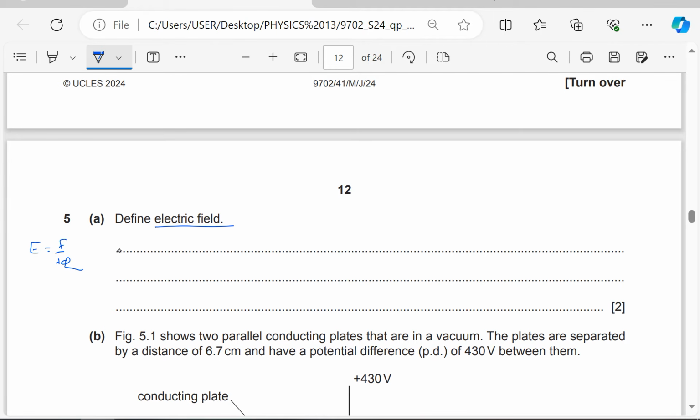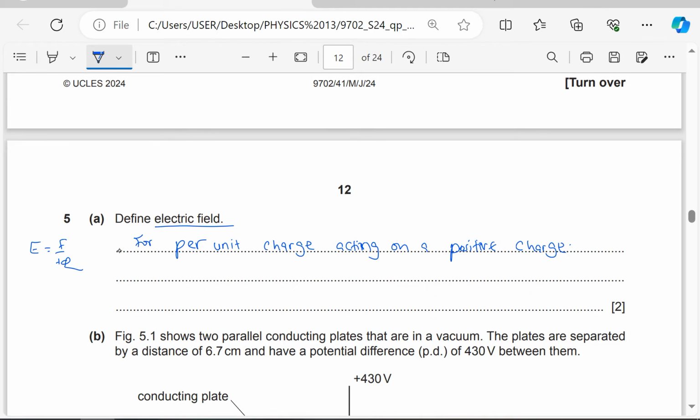So electric field is a force per unit charge acting on a positive charge.